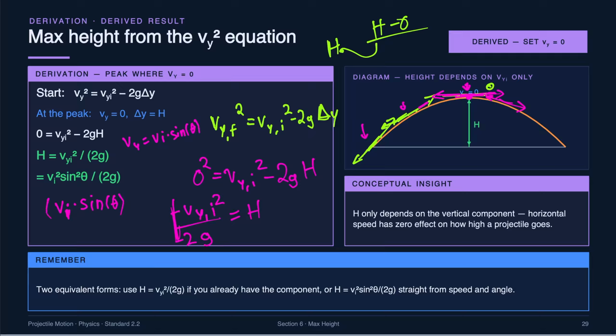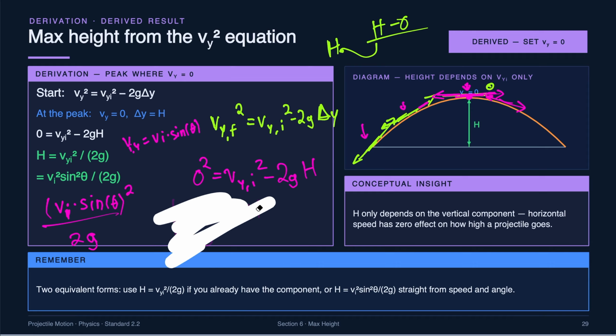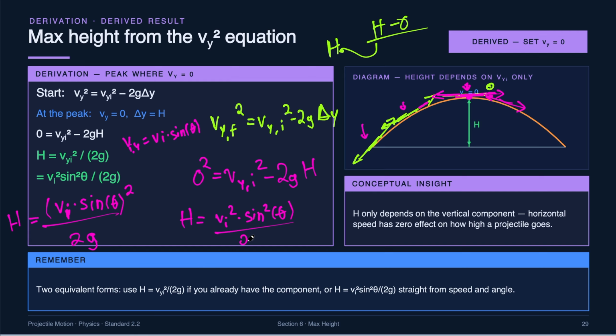Well, velocity y initial at least. It doesn't need to be velocity initial, but in this case it is. That squared over 2g. And if I was to give myself some more real estate, this is h, right? So h is equal to velocity initial squared times sine squared theta over 2g.